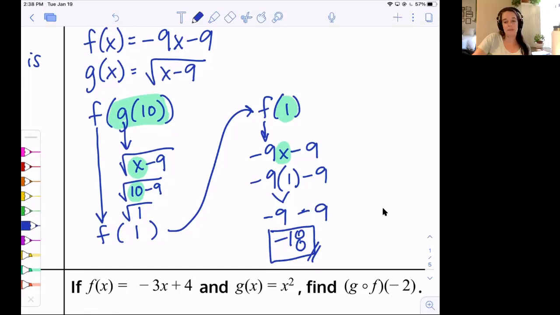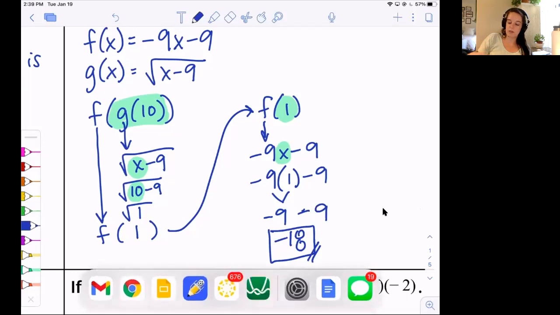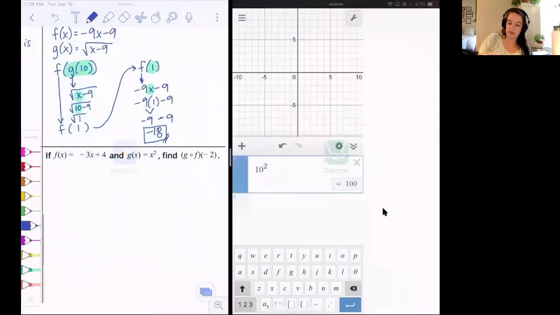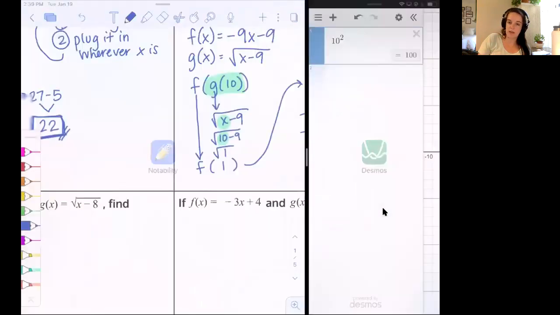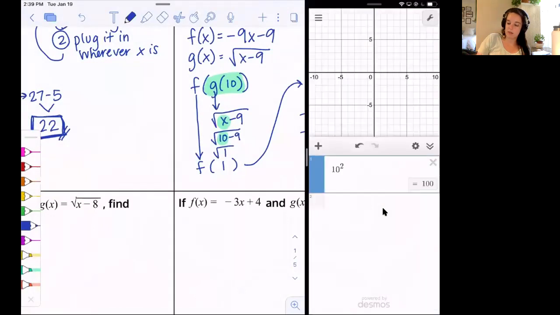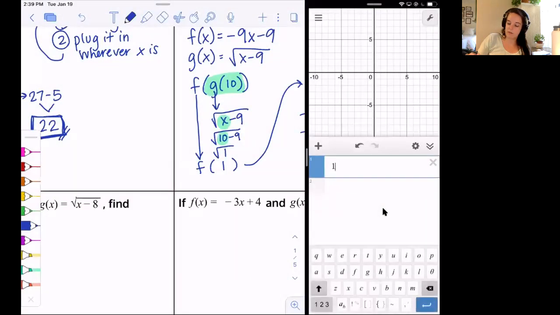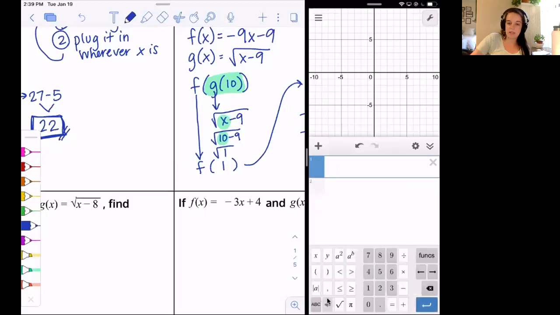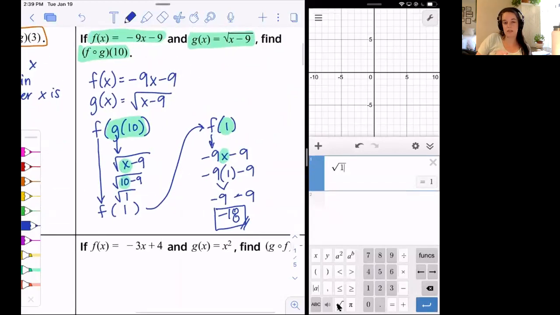So there might be a shortcut for that as well. If you're on Desmos, there's also a button for it. So instead of typing it into Google or something, if you're on this screen, it's this button right here. So you can type in square root of 1. Perfect. Thanks, Ms. Yamanaka. That's a great reminder.